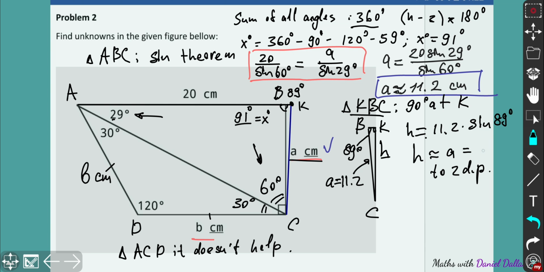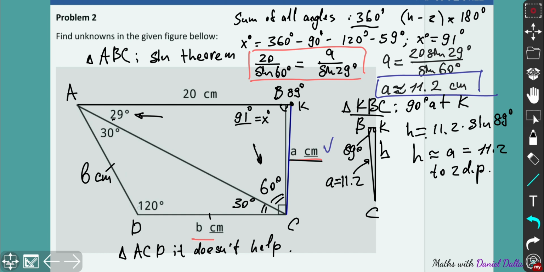That's why we'll get 11.2 as well. The angle is very close to 90 degrees, so the hypotenuse and A are practically indifferent, they have the same values even to two decimal places, because I've got 11.19. If you round it, you'll get 11.2. So if you consider that, that's much easier then.